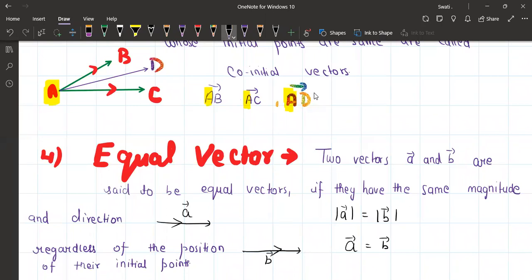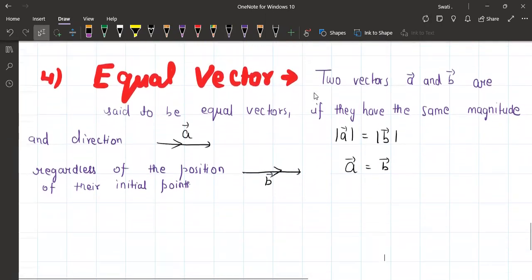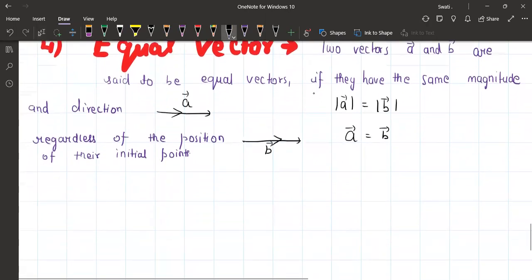For example, it can look like this as well.